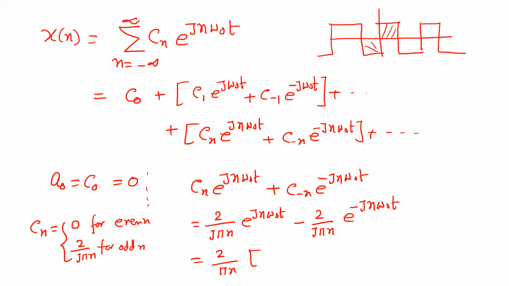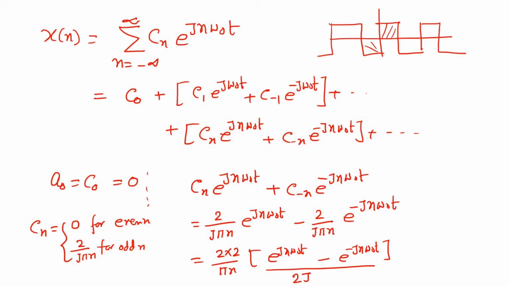Now this one, e to the power j n omega naught t minus e to the power minus j n omega naught t. This is e to the power j theta minus e to the power minus j theta, divided by 2j. If it is 2j, then it is sine. So I will multiply 2 here, and also multiply 2 here.